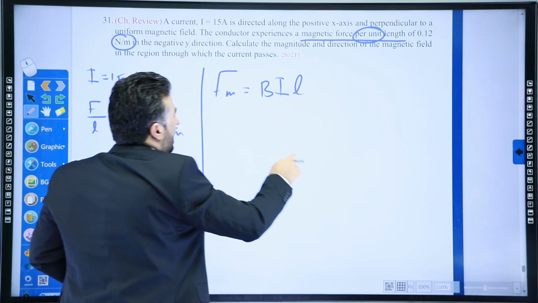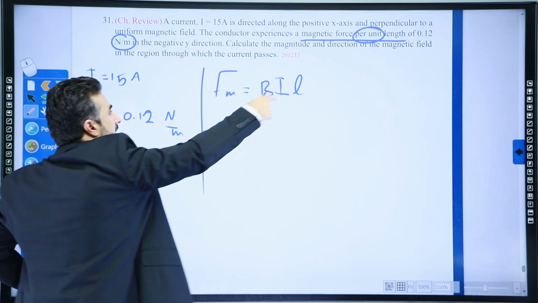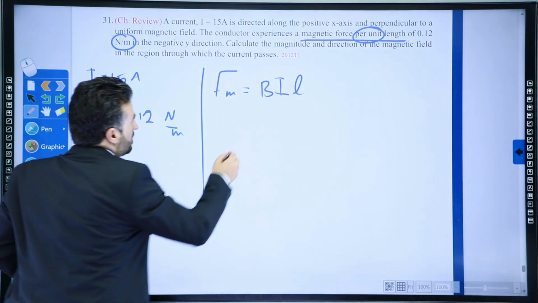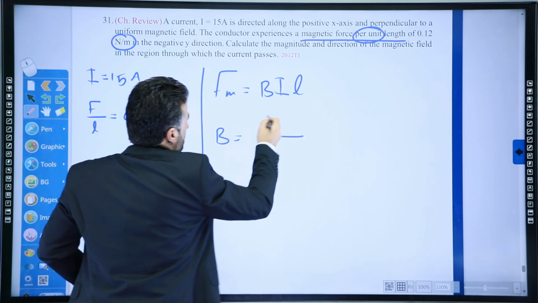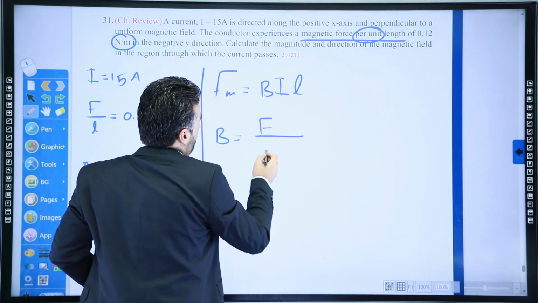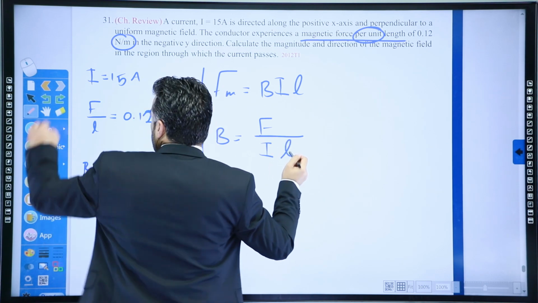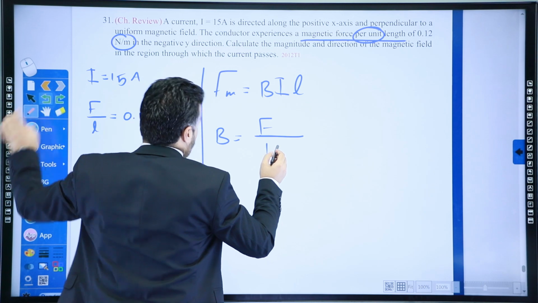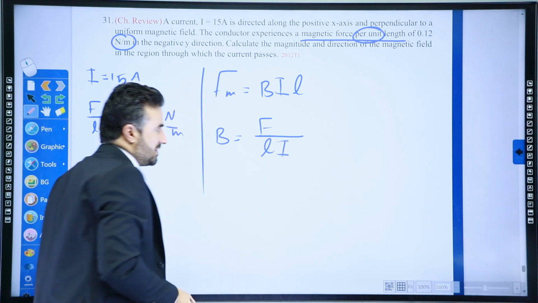But look, we have force divided by length in this case. So let's forget this for a second. B equals force divided by the current times the length. How about I switch this, for simplicity, to length times the current? It makes no difference.